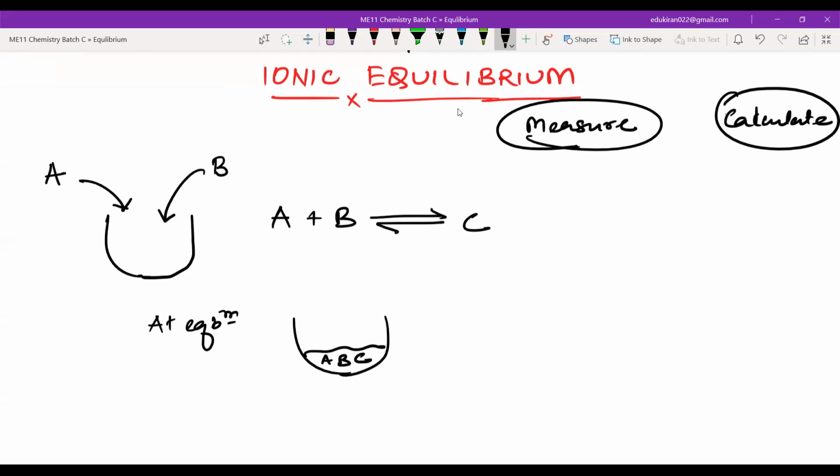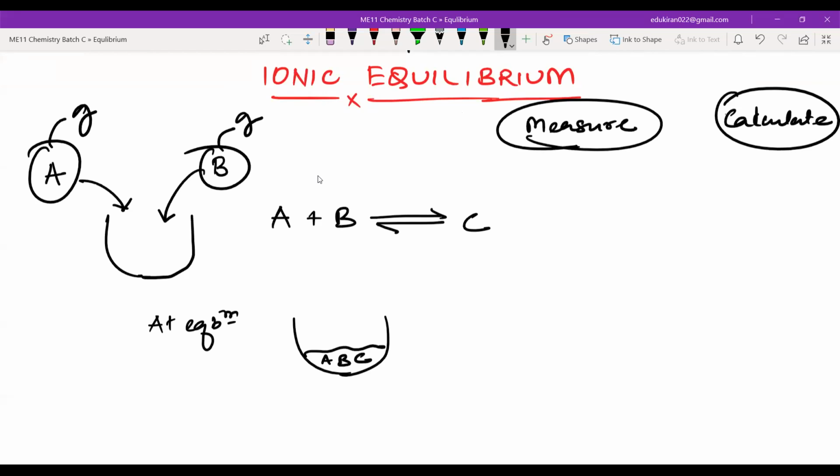For example, let us talk about the initial concentrations. Initial concentration is very easy to measure. Why? The only thing we need is a weight balance, something that can measure the weight. So I can get the grams of A, and the grams of B. Then we can get the volume. For that volume, we just need the length, breadth, and height.